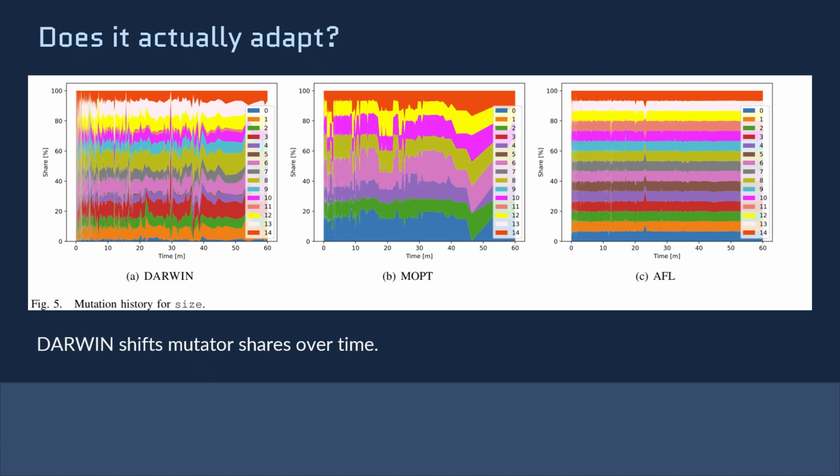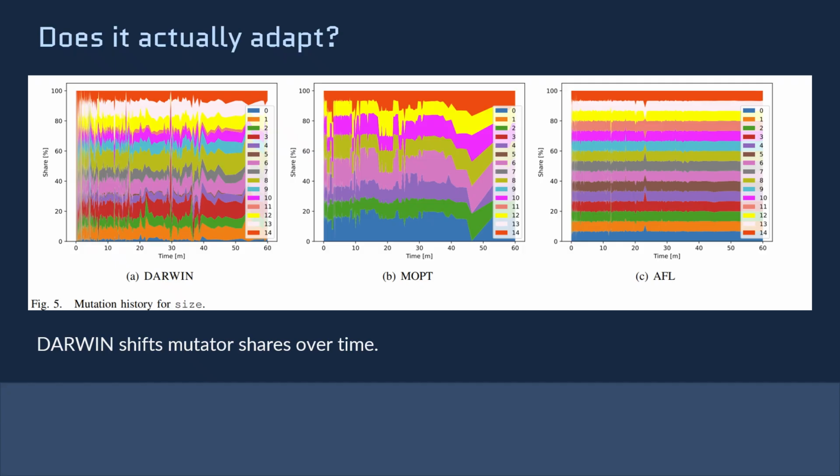So we can look at these graphs here, and this slide is showing mutation history over time and how much a mutator contributes as the run progresses. Each one of these colored slices represents a mutator, and you can see the share it has on the overall mutation process.